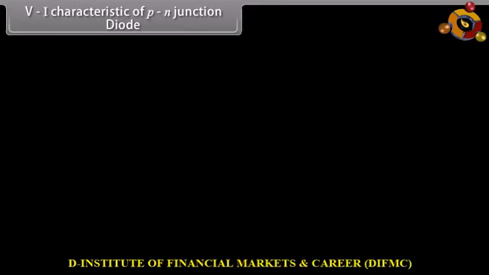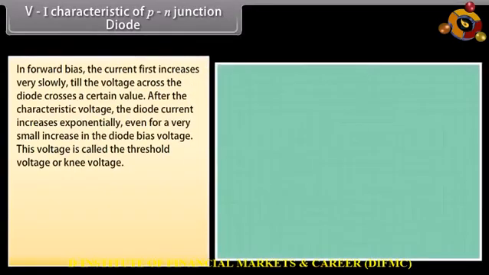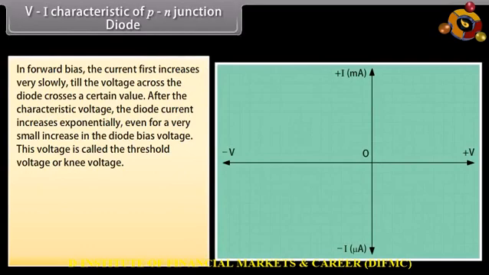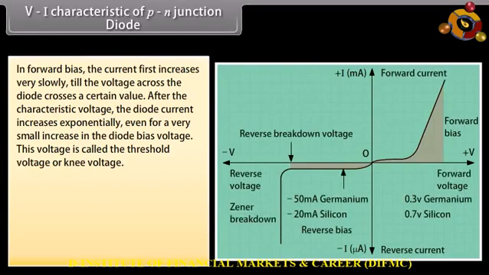IV characteristic of p-n junction diode. In forward bias, the current first increases very slowly till the voltage across the diode crosses a certain value. After the characteristic voltage, the diode current increases exponentially, even for a very small increase in the diode bias voltage.